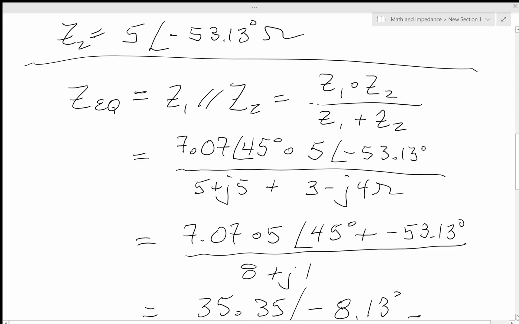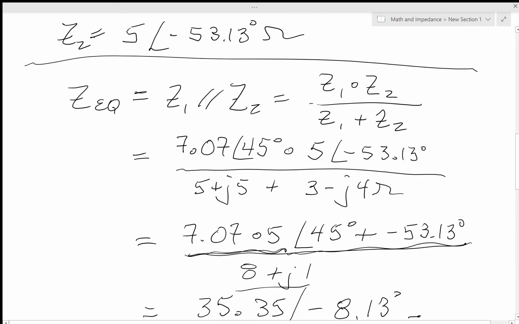So I'm going to multiply those two top numbers: 7.07 at angle 45 degrees times 5 at an angle of minus 53.13. I multiply the two magnitudes and add the two angles. Pretty straightforward. Then in the rectangular format, I add 5 plus 3 gives me 8, and plus J5 minus J4 gives me plus J1. So 8 plus J1.